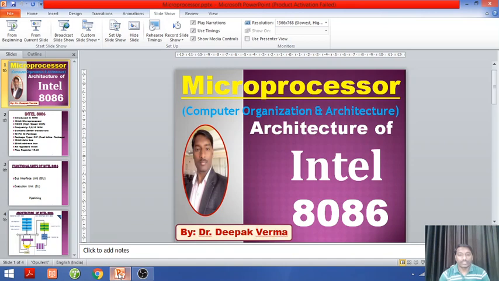Today we are going to start the Intel 8086 microprocessor. Previously we had studied Intel 8085, its architecture and its working. From today onwards I am going to start Intel 8086. Before starting the assembly language programming of Intel 8086, first I will demonstrate the architecture of Intel 8086.